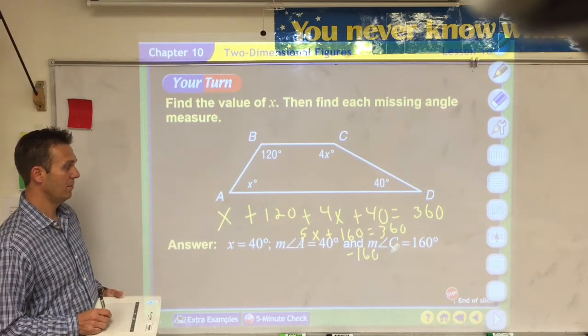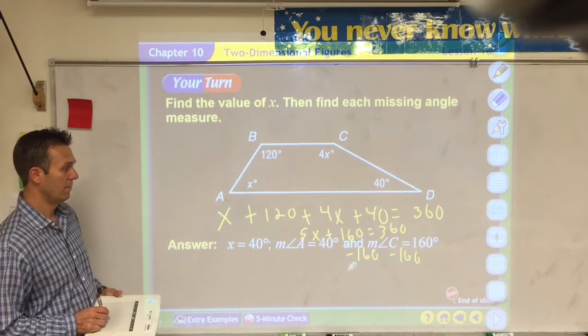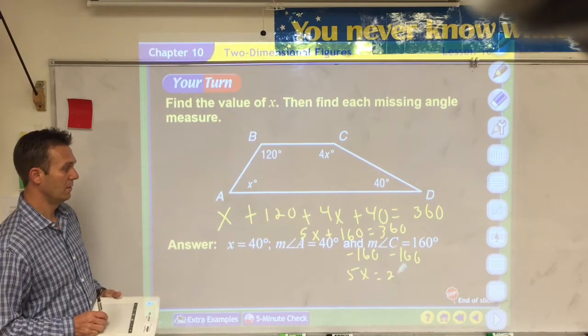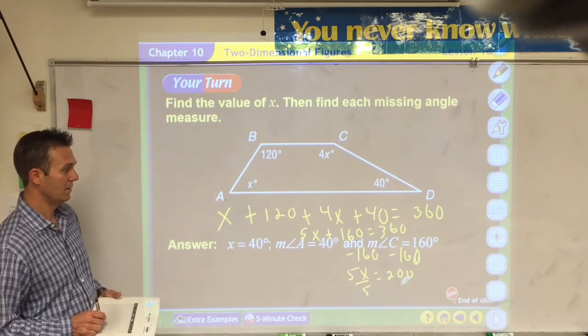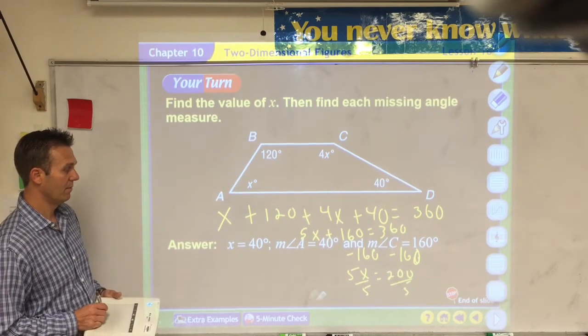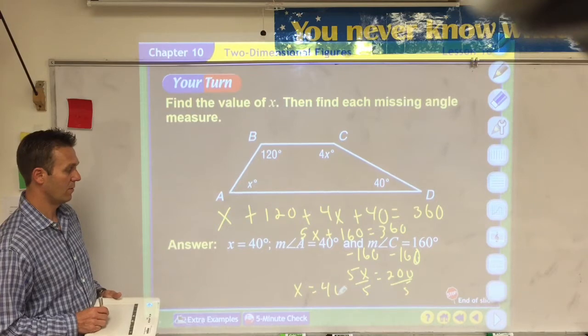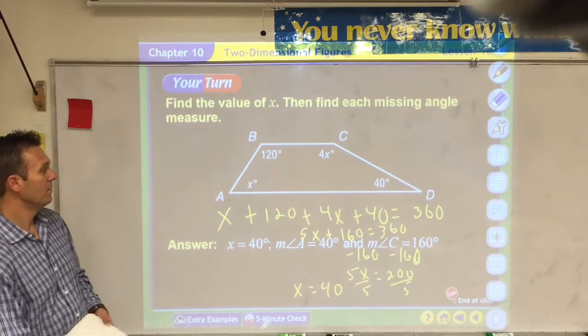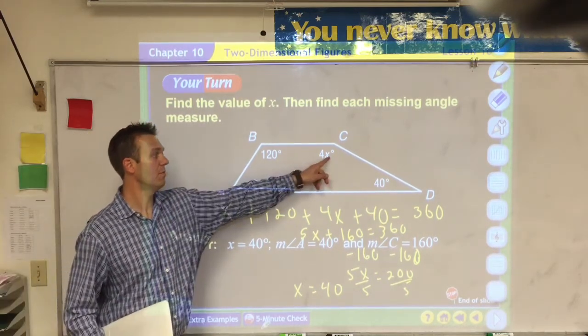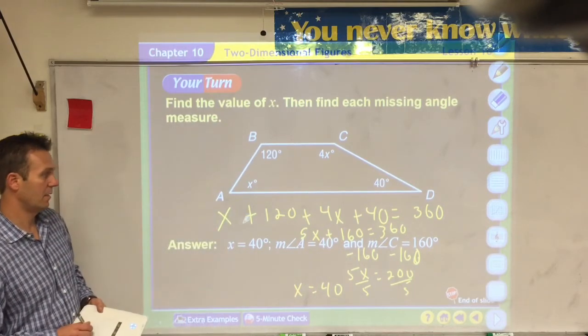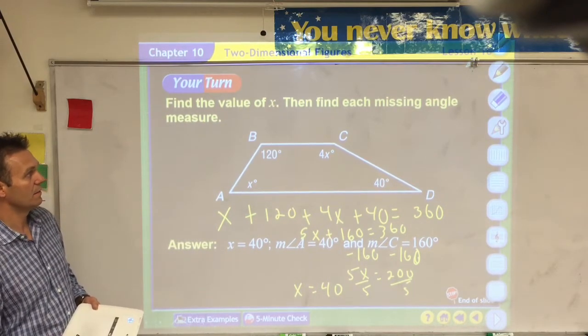Subtracted 160 from both sides. 5x equals 200. Divide both sides by 5, and x equals 40. That's how they got that answer. So this is 40, and then 4 times 40 is 160. And there's the other answer there, 160.